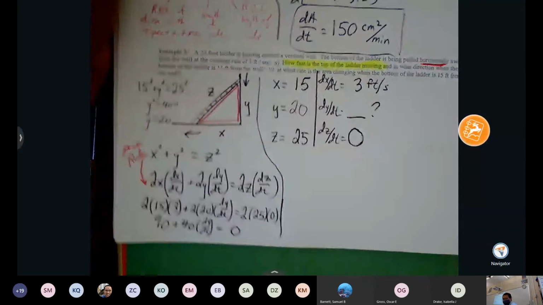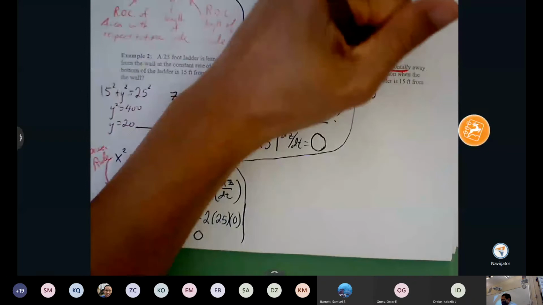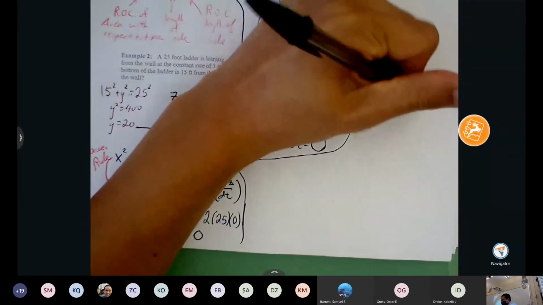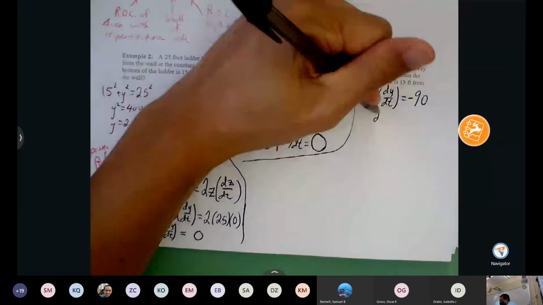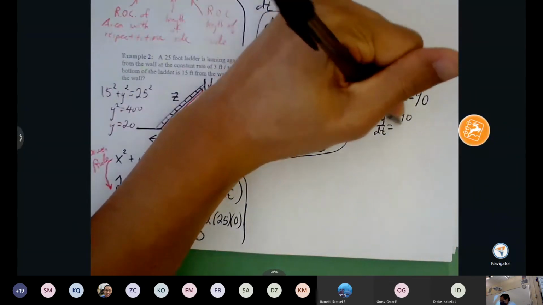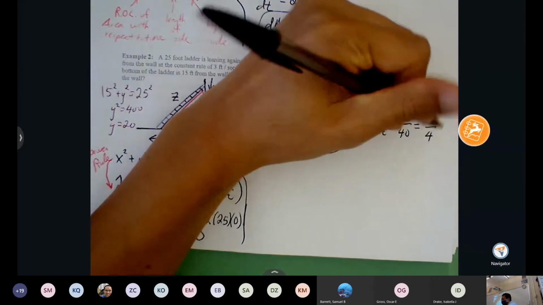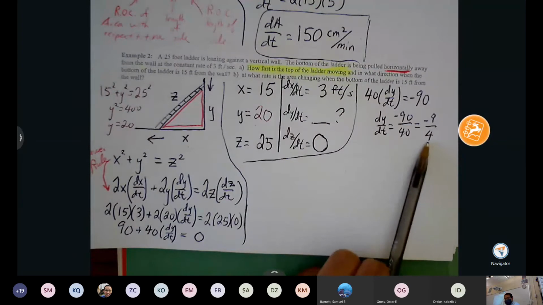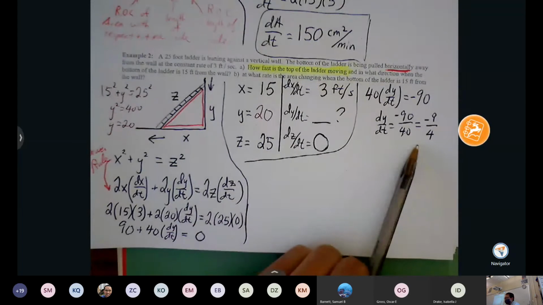Okay, we solve for dy/dt. Just like what we wanted, we expected dy/dt to be negative because we expected this length to be decreasing, so that's what shows up.